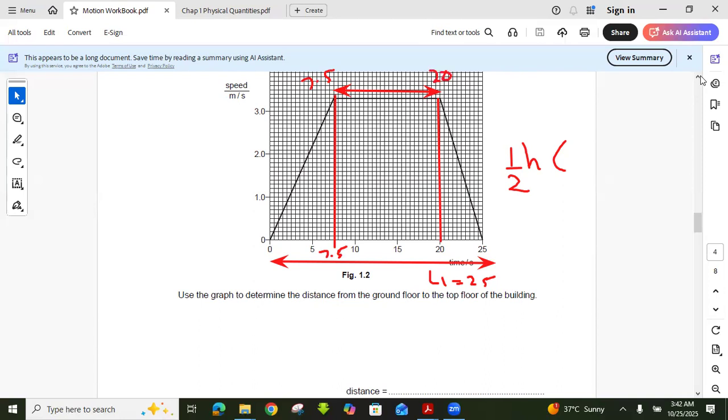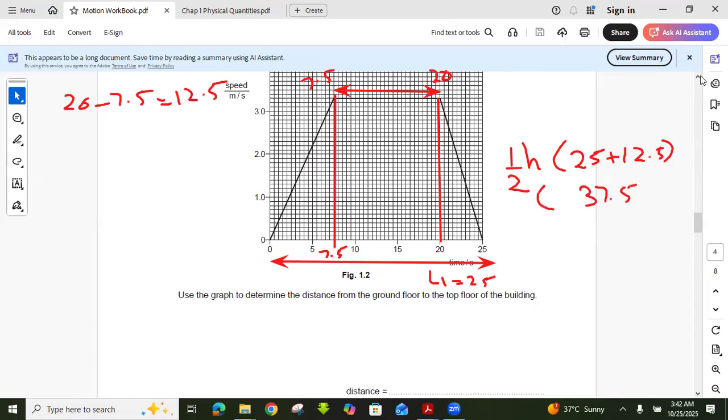So what we can do? 20 plus 5, and our answer will be, I think, 12.5. Sorry, yes, 12.5. So 25 plus 12.5, we will add up both and it's 37.5.